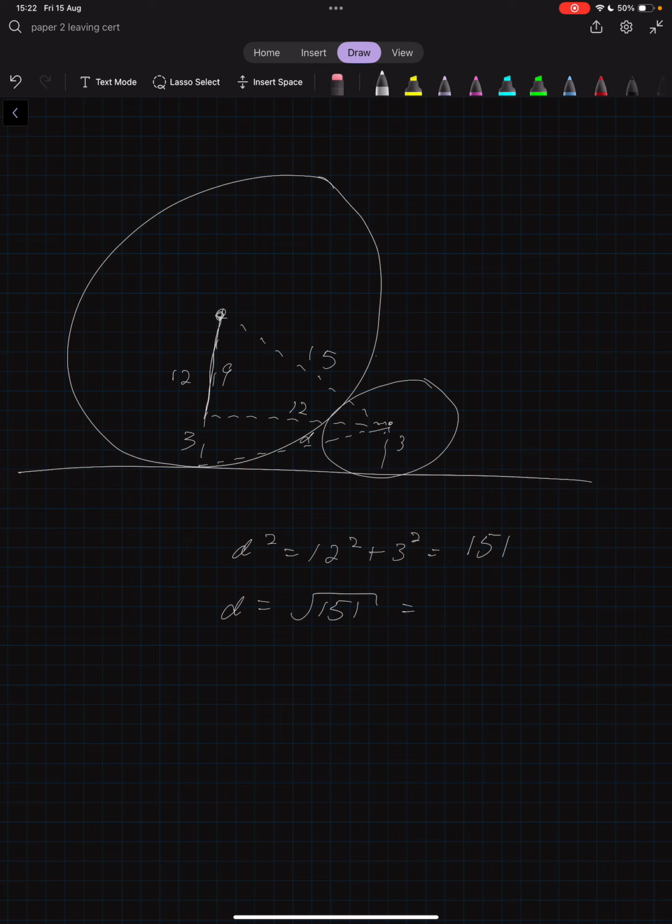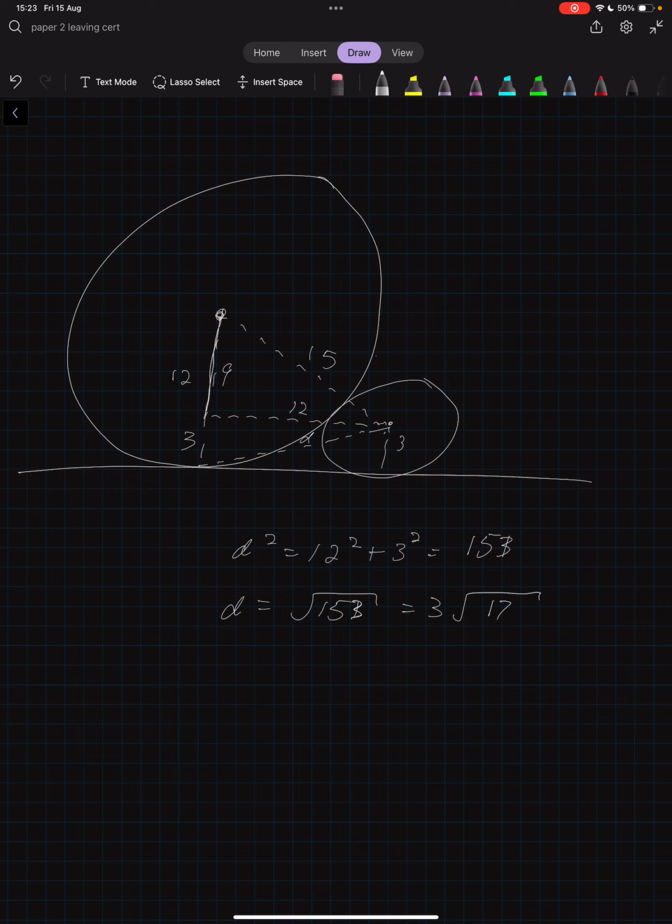And that should be 3 root 17, I think. Wait, should that be a... Sorry, that should be a 3. Yeah, that makes more sense. So it's going to be 3 root 17. And then, yeah, that's it. So that's that one. Okay.